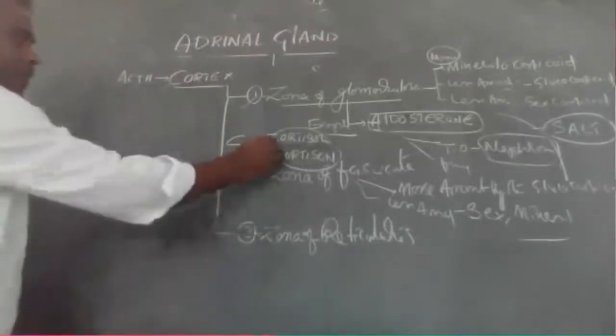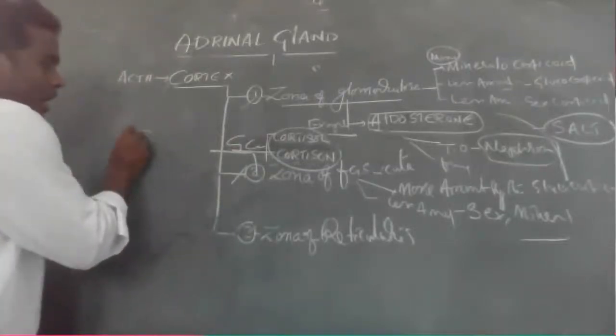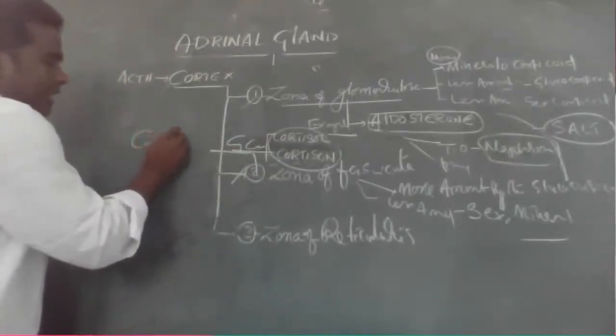These hormones are called glucocorticoids. You must write one example.